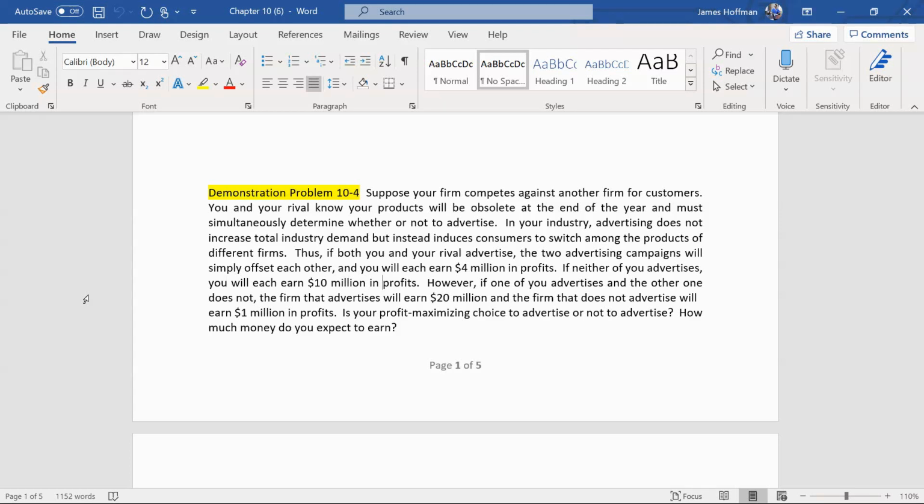But if one firm advertises and the other doesn't, the firm that advertises essentially steals the customers away. The firm that advertises earns $20 million, and the firm that doesn't just gets $1 million. So the question is, what is your profit-maximizing choice, to advertise or not, and how much money do you expect to earn?